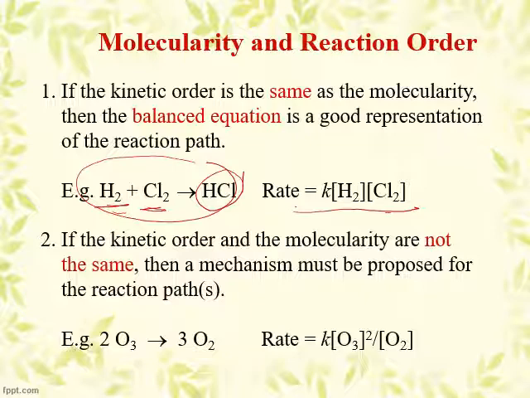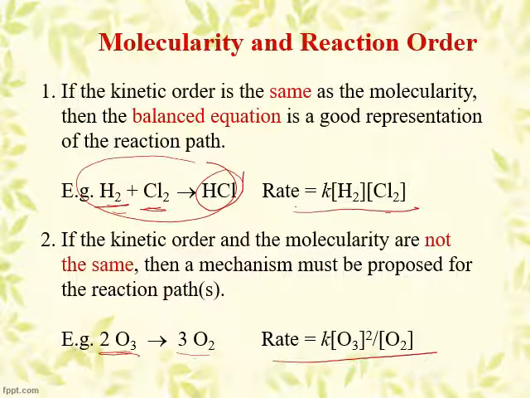If they are not the same, then a mechanism must be proposed. For example, the formation of oxygen from ozone: 2 moles of ozone producing 3 moles of oxygen. Look at the rate law here.